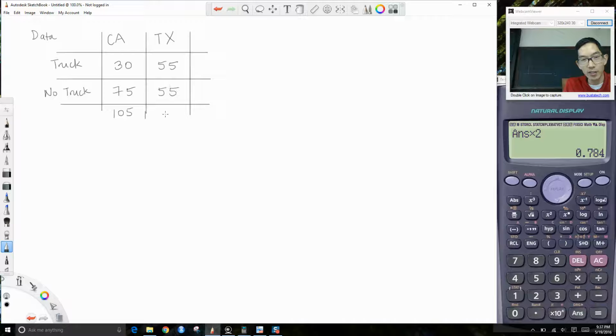So I have a total of 85 people owning trucks. 75 and 55, what is that, 120? I'm sorry, 130. And so I have 215 people total. So this is our observed data.